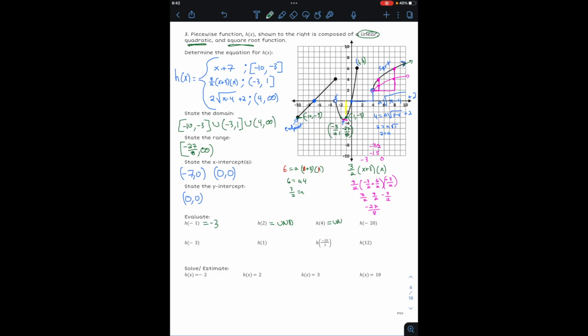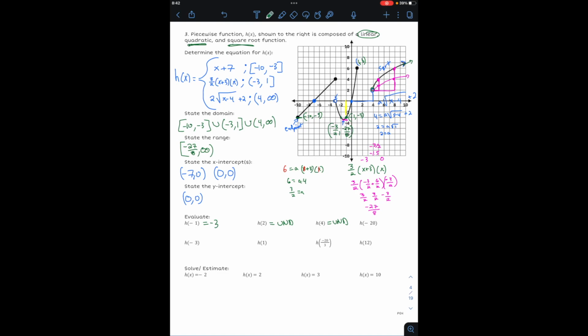H of 4, also undefined. Even though it is the vertex sort of our square root function, you might note that it's an open circle. So it's not in our domain. If we look at our domain here, the 4 is curly bracketed, meaning it's not included.